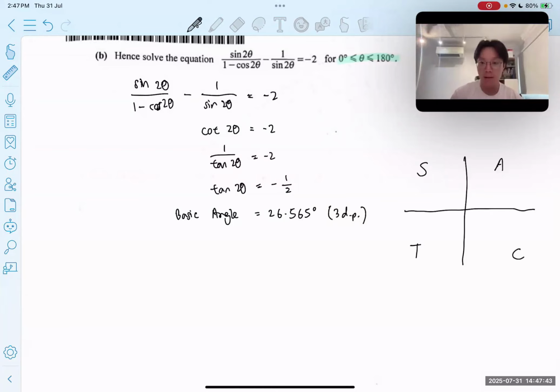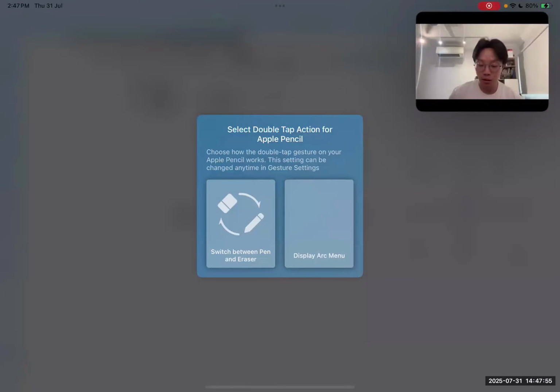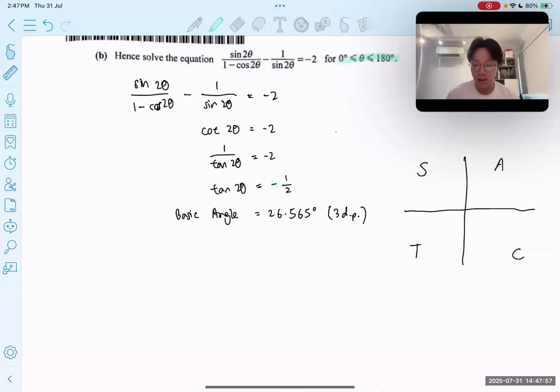So we know the answers we can possibly accept, because our basic angle here is negative. It's a negative sign, correct? So we want to accept the answers in the quadrants where tangent is negative.